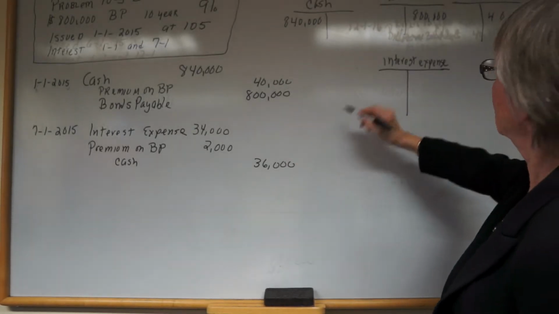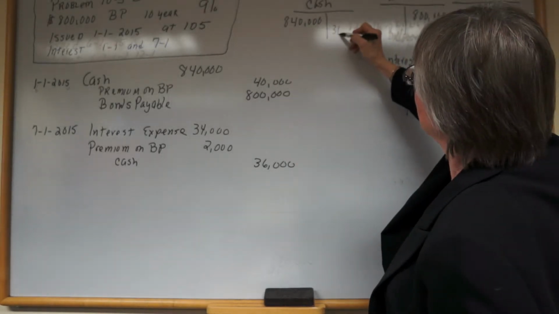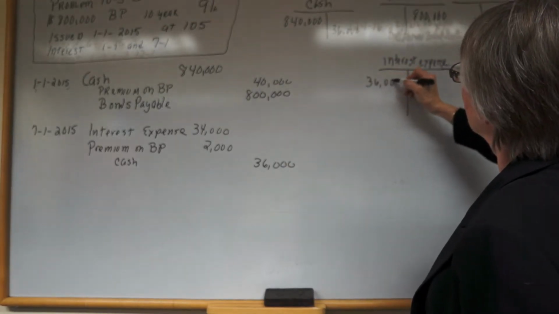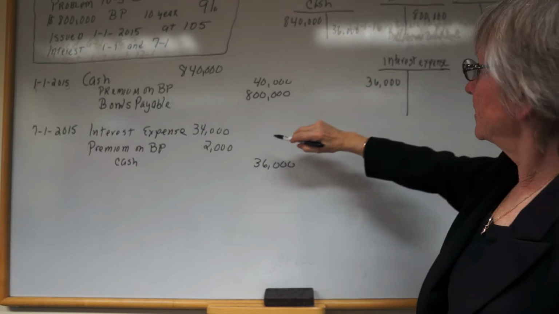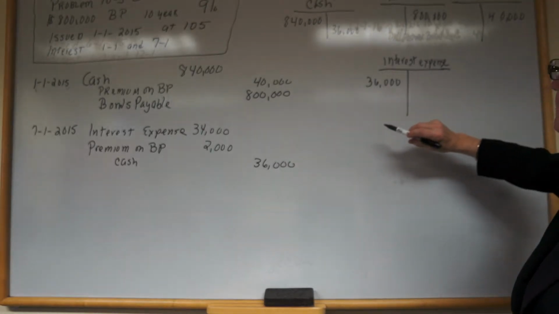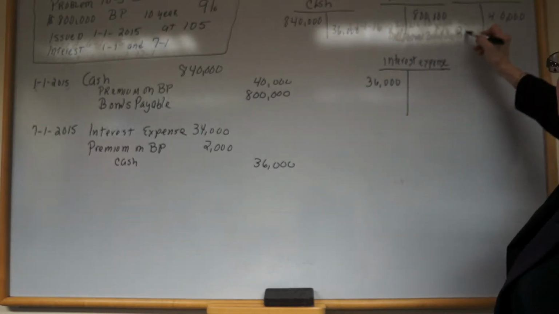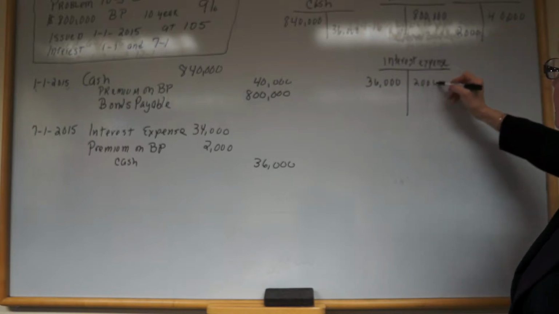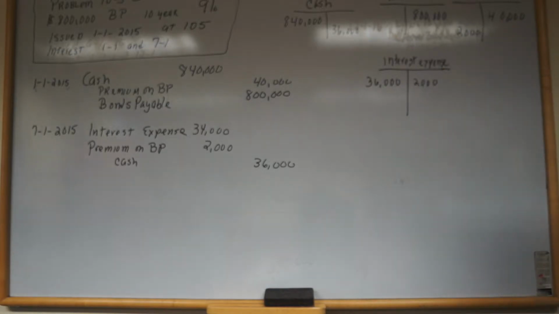We had the interest expense, we paid out 36,000 in cash, but then we also amortized some of the premium. So we went 2,000 here, and that reduces our interest expense, okay?